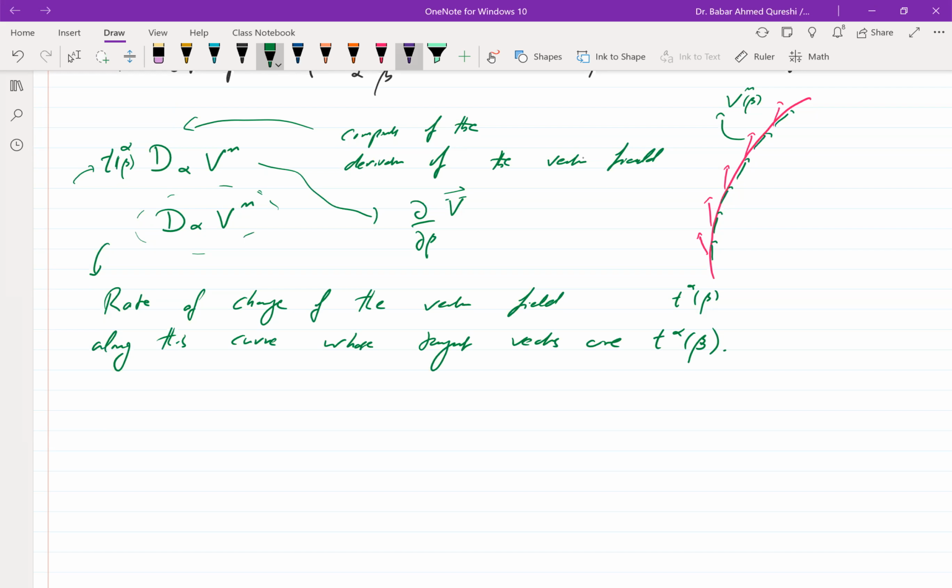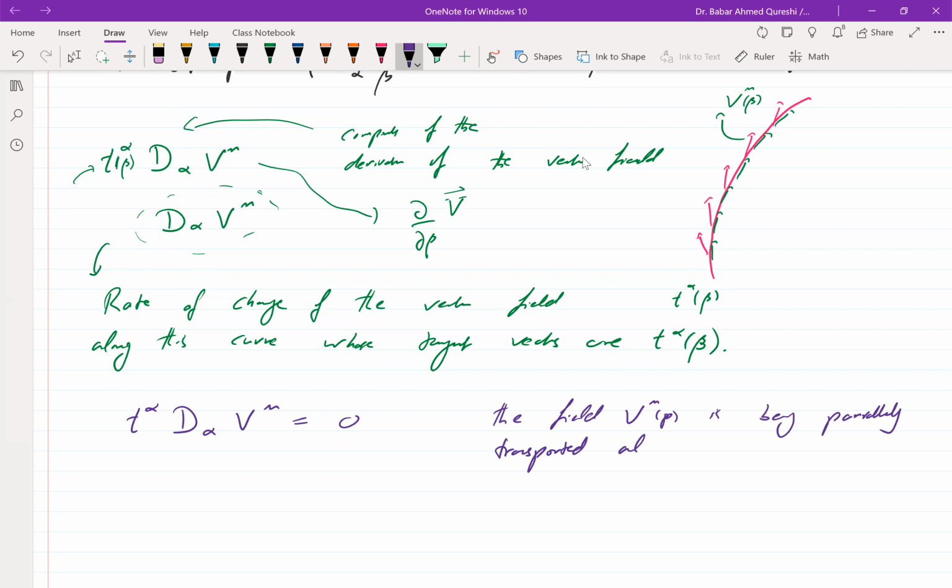Now, if you put this equal to 0, then you say that the field V mu is being parallelly transported along this curve.